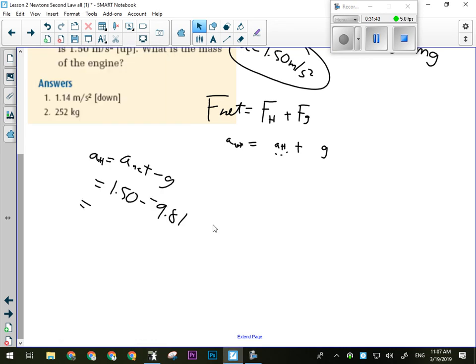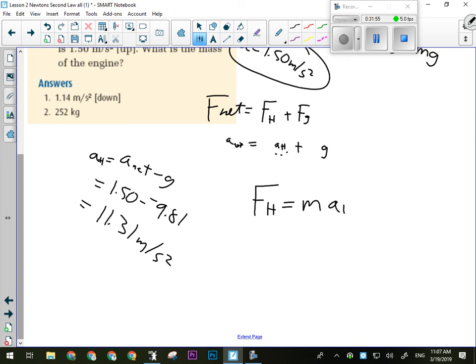So now I know the acceleration of the hoist. And now I can say the force of the hoist, which I know because they told it to me, is equal to the mass times the acceleration of the hoist. And now I have this number and this number.